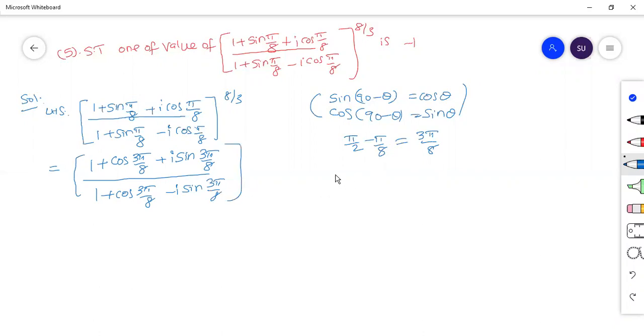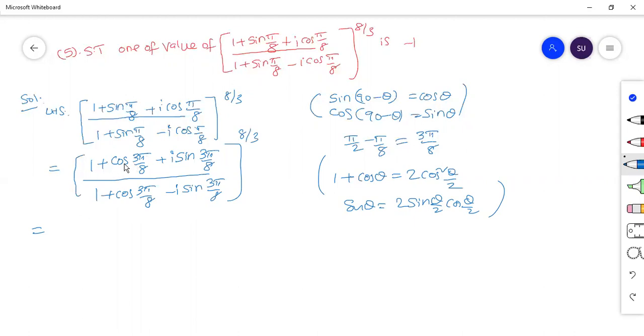Here use some formulas like 1 plus cos theta is equal to 2 cos square (theta by 2). Sin theta can be written as 2 sin (theta by 2) cos (theta by 2), correct? Use the formulas. Here whole power 8 by 3.